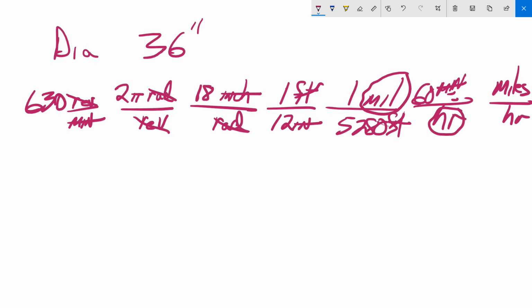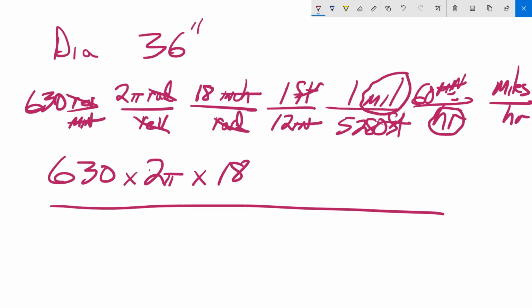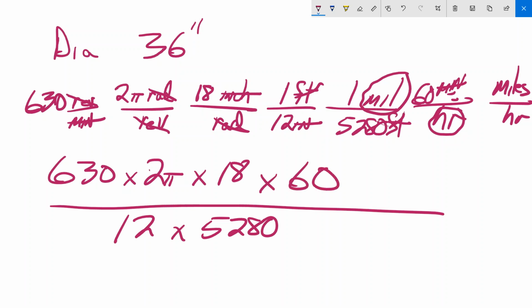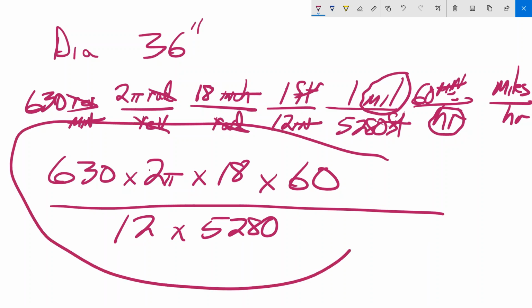And the number is going to be 630 times 2 pi times 18 divided by 12 times 5,280. The numerator has one more multiplier, that number right there. So whatever that comes out to be is your answer in miles per hour. Okay? And this problem is always about the units.